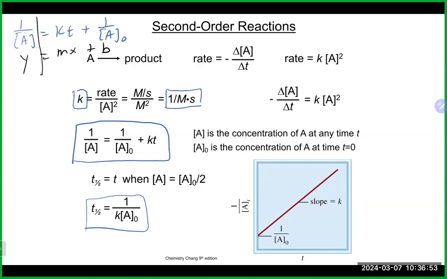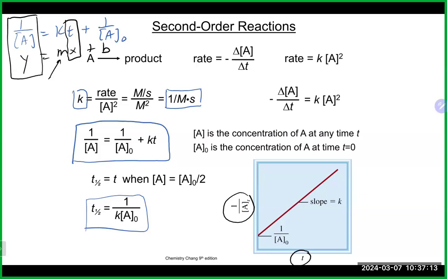That means that the graph, the linear relationship that we see for a second order, will have 1/A on the y. On the x, we would graph time, and this will yield a linear relationship, where the slope is actually equal to k.